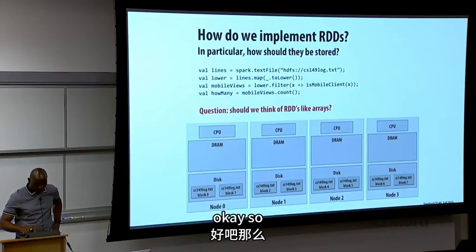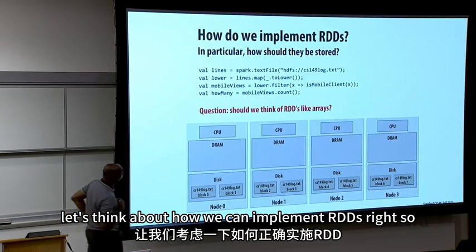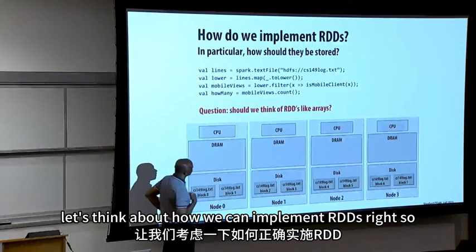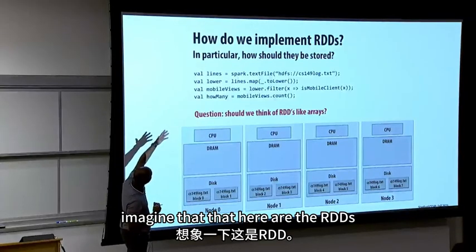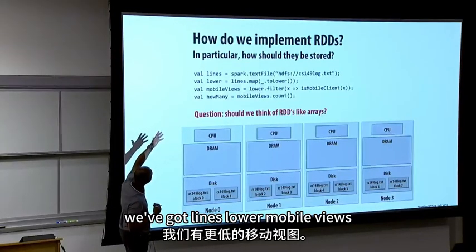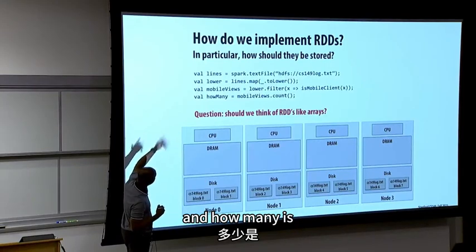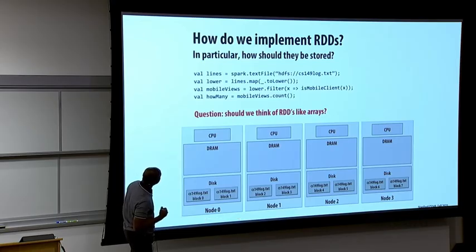Okay, so let's think about how we can implement RDDs. Imagine that here are the RDDs we've got: lines, lower, and mobile views. How many is not an RDD.